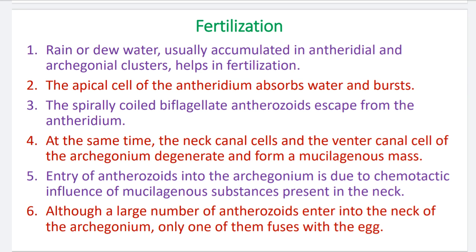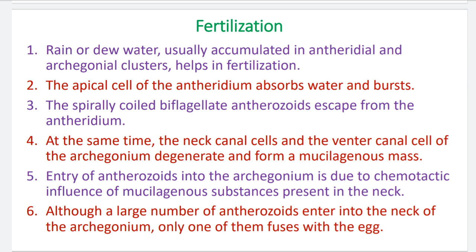Okay, and due to the inner pressure of the mucilaginous substance, the cover cells of the archegonium separate and the mouth of the archegonium opens, and due to the mucilaginous substance the sperms easily enter the archegonium.